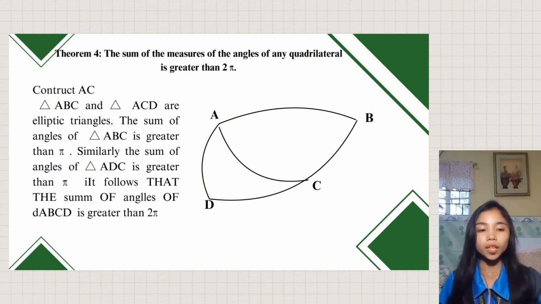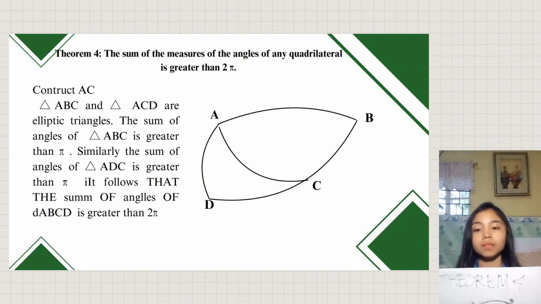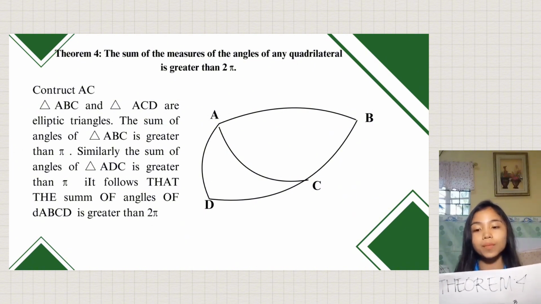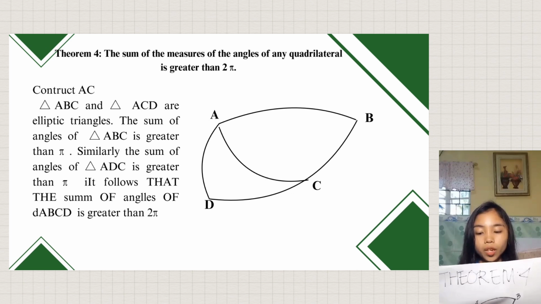So in our illustration here, this is what we call a quadrilateral. A quadrilateral has 4 sides: line AD, line AB, line BC, and line CD.